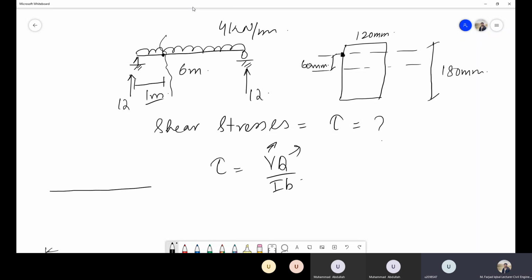What will be the shear force diagram? If this is 12, this is 12. What will be the shear force over here? This 12, and it will go on something like this one, right? Yes, sir. So what will be the shear force at 1 meter distance?